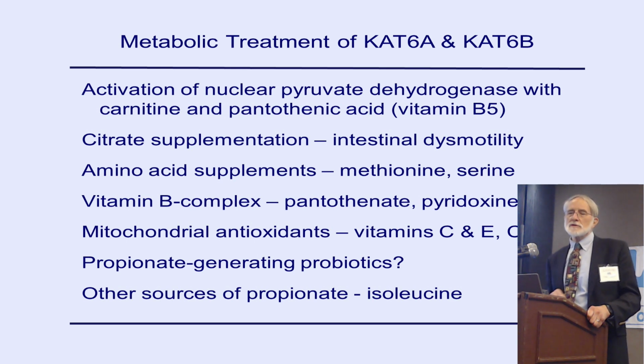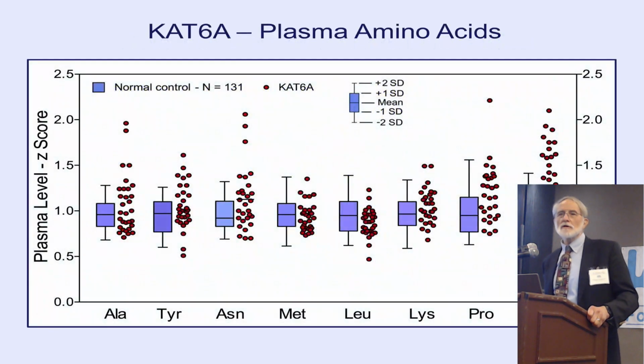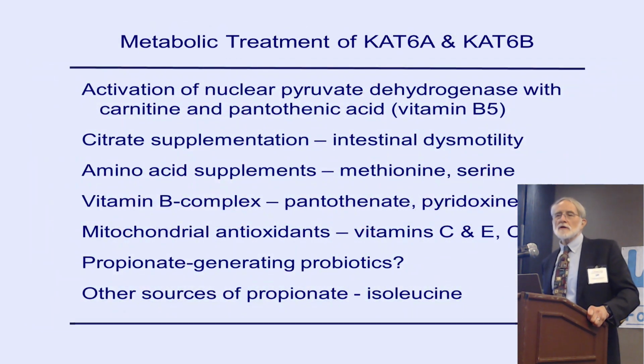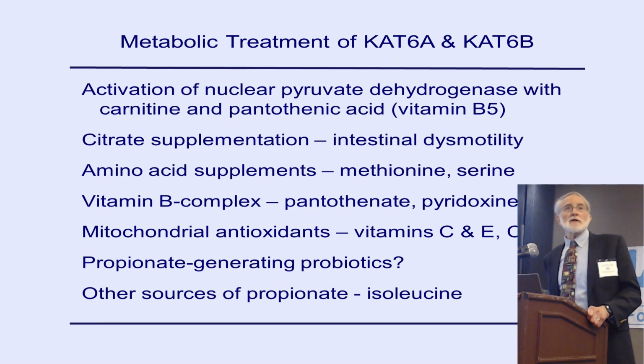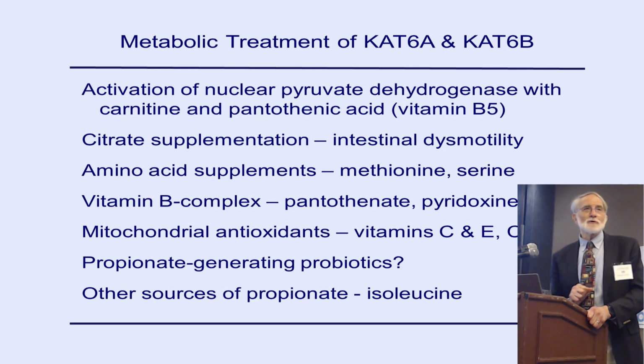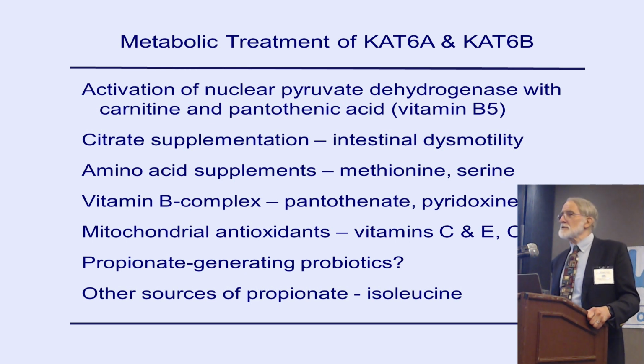So that's something which needs to be addressed somehow in a protocol to see if supplementing with propionate or something that generates propionate would help. I imagine some children here are on probiotics, some of which you may read on the label says propionibacterium. So some of the children may already be getting a propionate source.